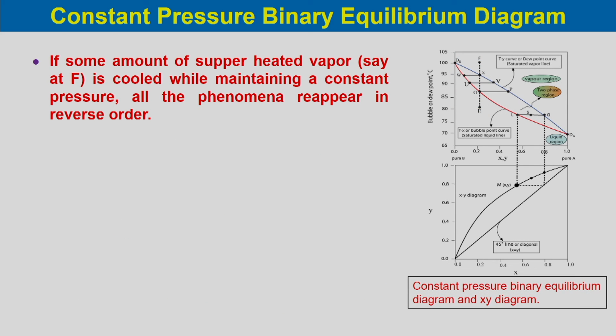Now, if some amount of superheated vapor, say at point F, is cooled while maintaining a constant pressure, all the phenomena reappear in the reverse order. Earlier we heated, taking a liquid at this point E, and then it was vaporized and then heated to its condition at F, which is superheated vapor.